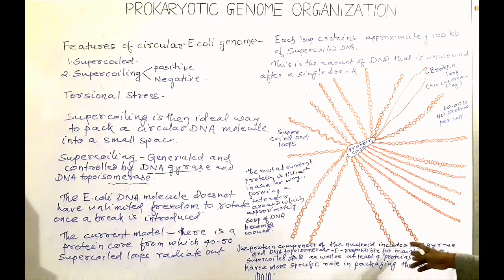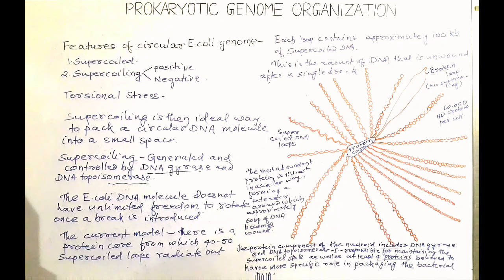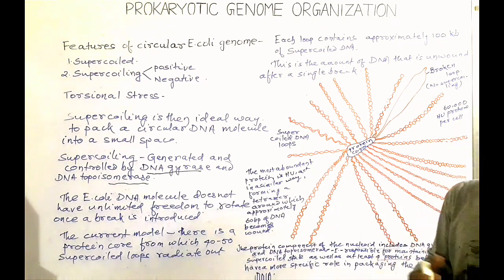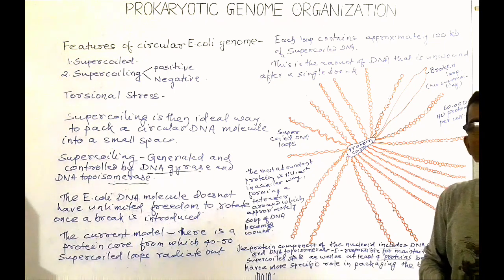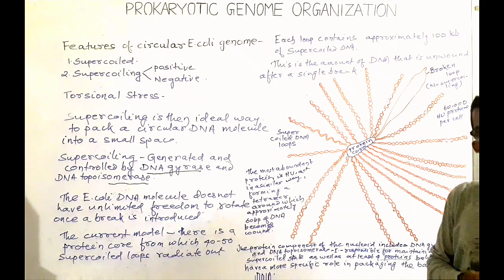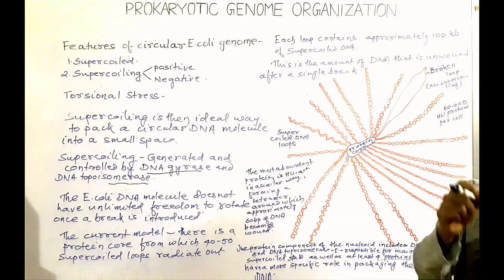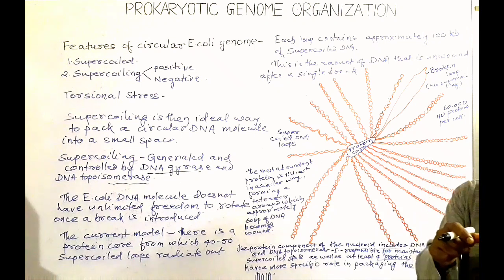In addition to these two proteins, there are at least 4 proteins which play a specific role in packaging the bacterial DNA, because bacterial cells are very small in size. So the bacterial genome has to be packaged into a very small space.